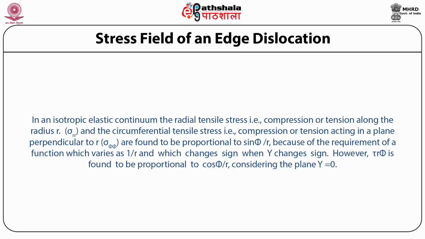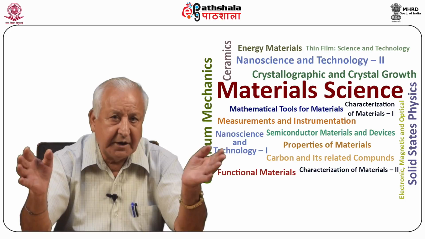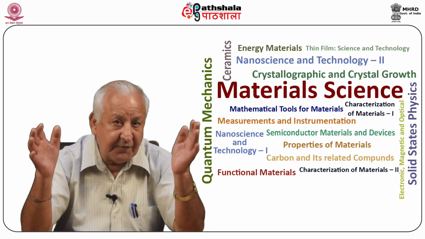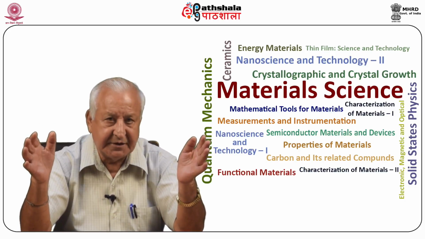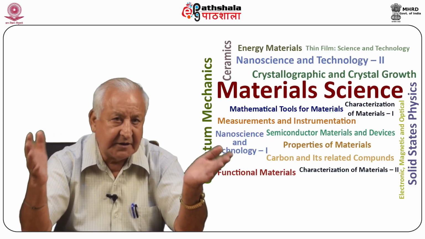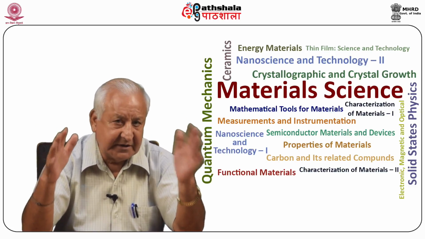However, tau r phi is found to be proportional to cos phi by r considering the plane gamma equal to 0.